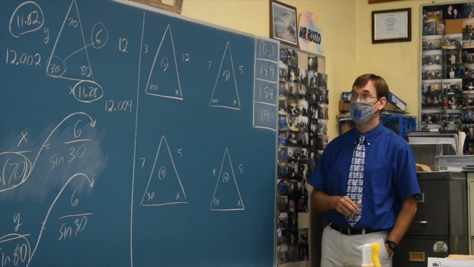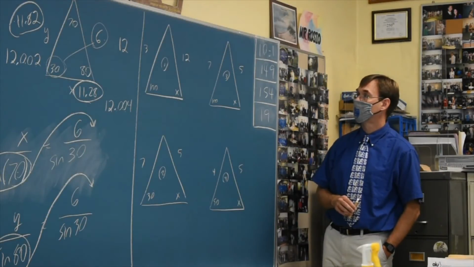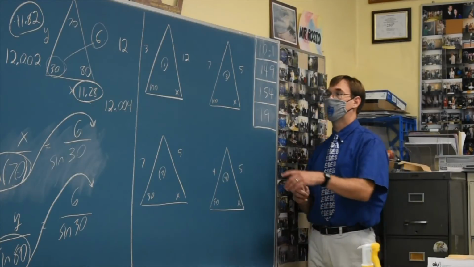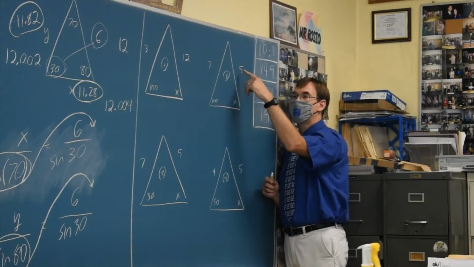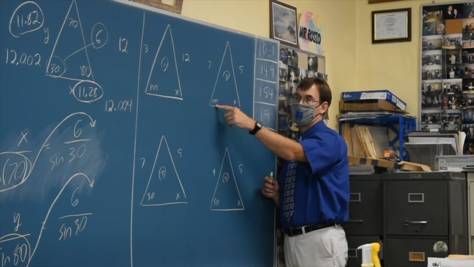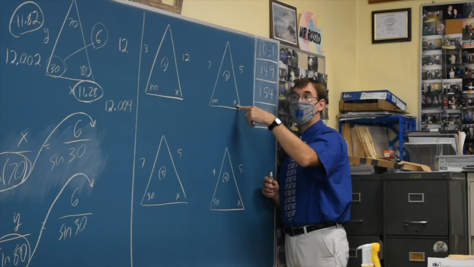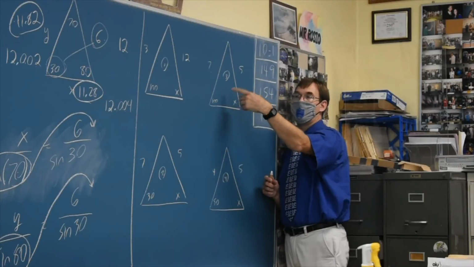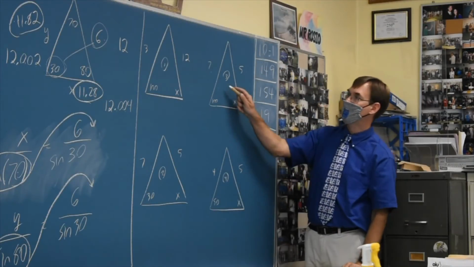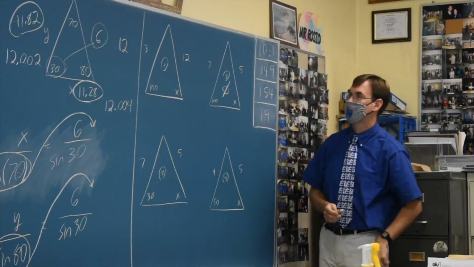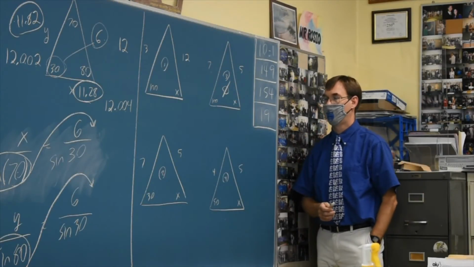What do you got? 3 is absurdly ridiculous, because if 5 is across from 100, 7, which is bigger, has to be across from something bigger than 100. And already our triangle is over 200. You have to add to 180. There are some questions like this that are impossible, and that's one of them.